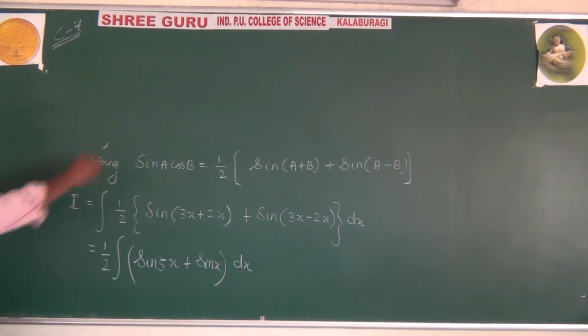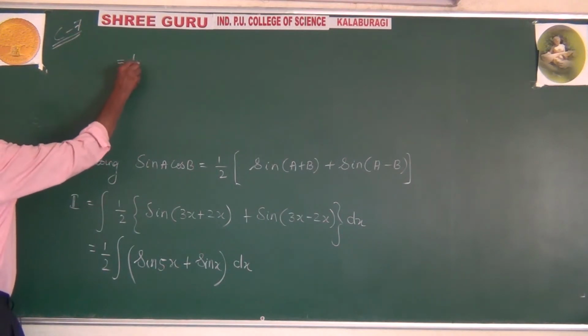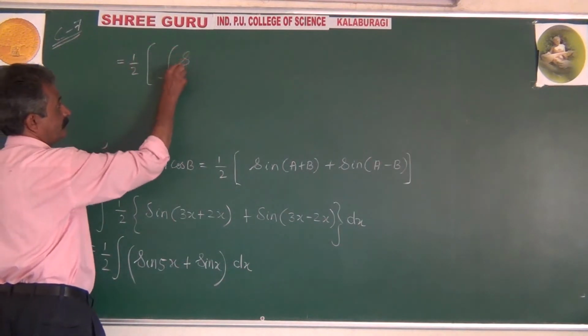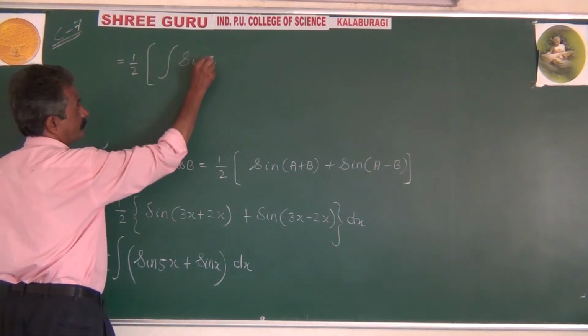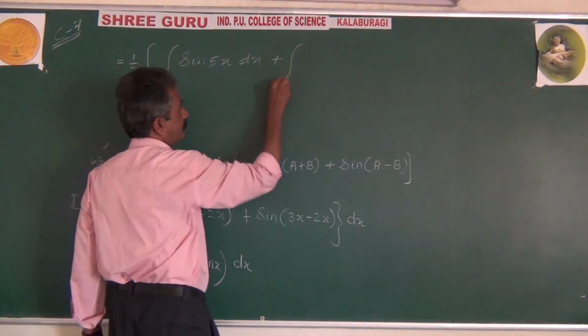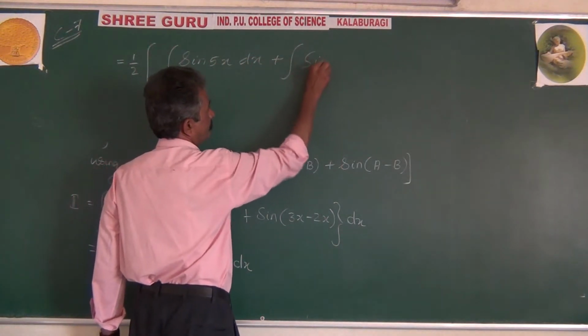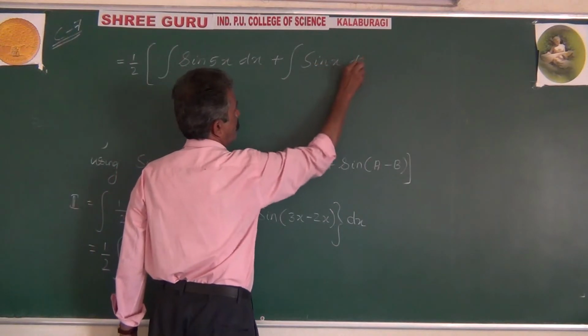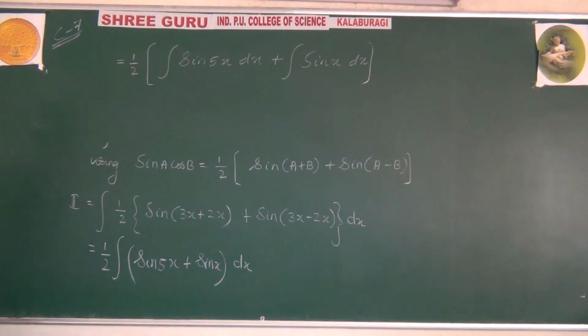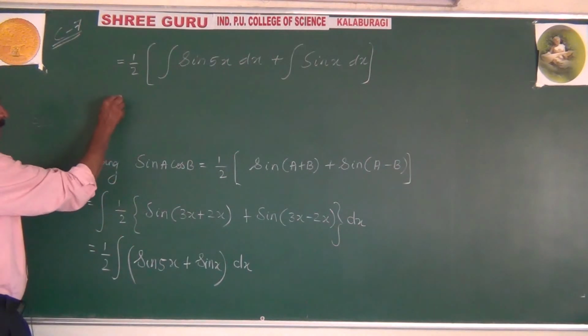On breaking the integration we get 1 by 2 into bracket, first term integration of sine 5x plus second term integration of sine x. One by 2.